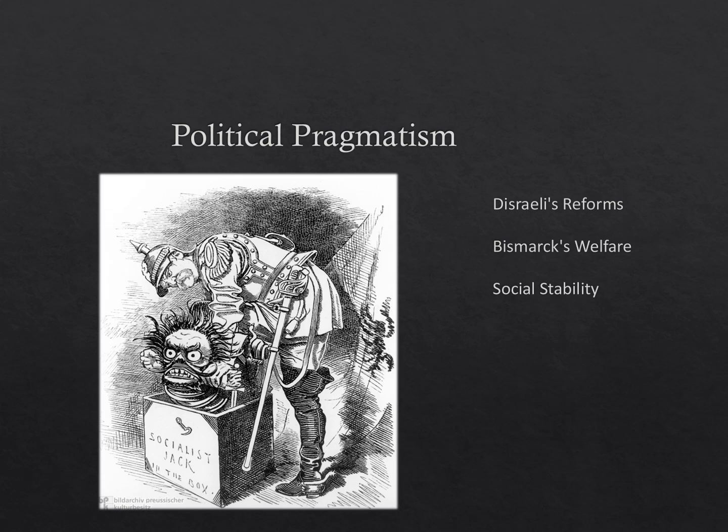So we need to be clear, Bismarck definitely does not believe in social equality, but this is more of a pragmatic response to the growth of labor movements and their potential for social unrest. And these, I should mention, were going to be the foundation for future social programs around the world.